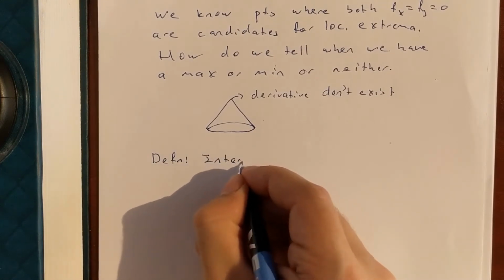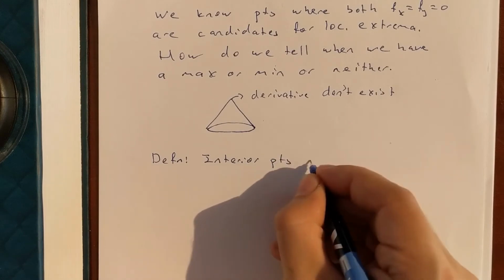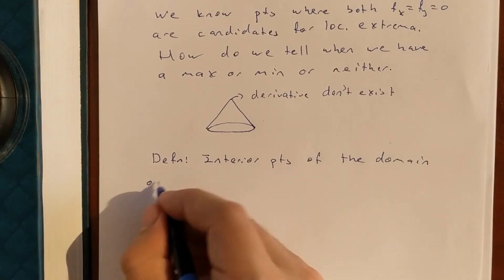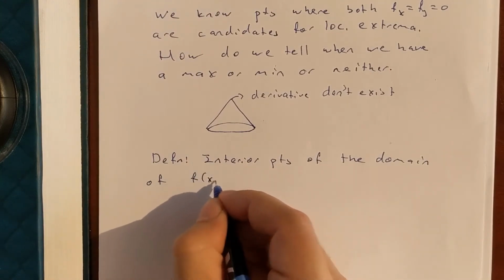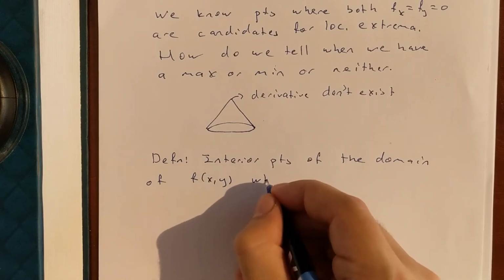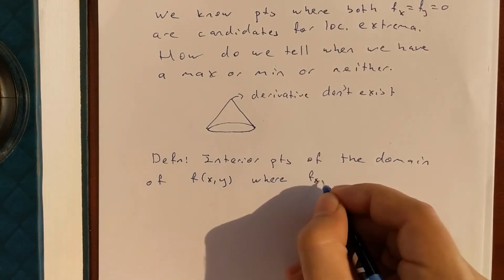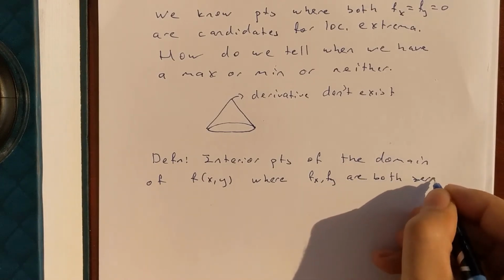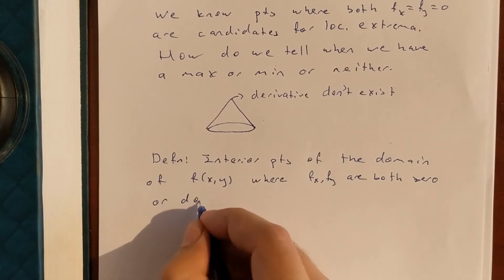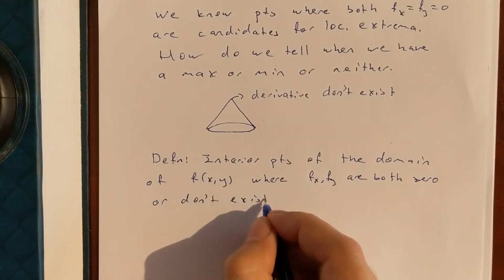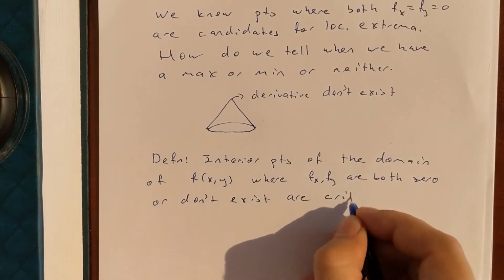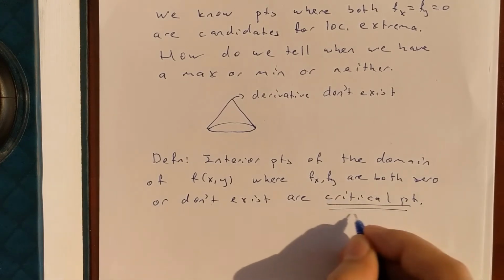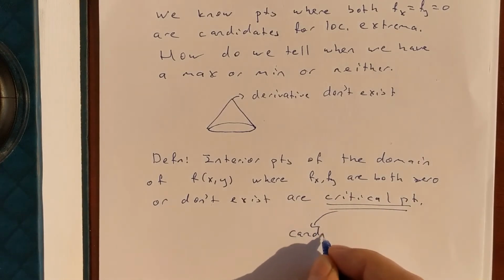Interior points of the domain of f of x, y, let's do two variables, where f sub x and f sub y are both 0 or don't exist, are critical points. So what is a critical point? These are candidates for extrema points.